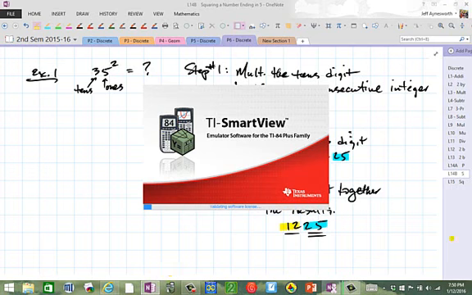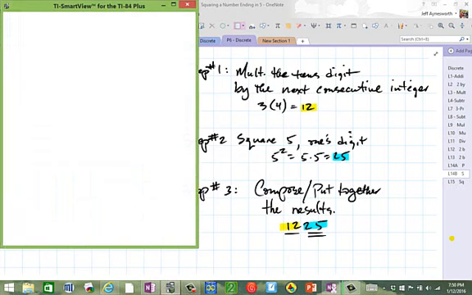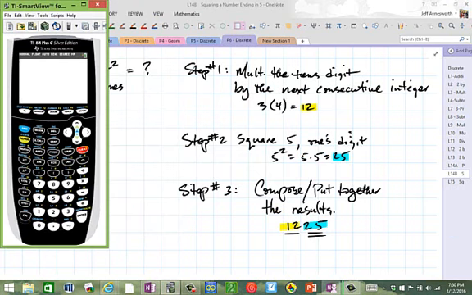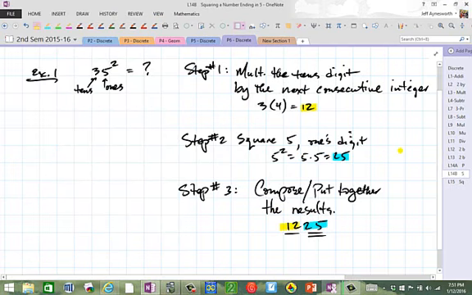So I'm starting up my TI-84 here. It doesn't matter what calculator, whether you have a basic one or a TI-84. Take 35, hit the X squared button, and then enter. Or you can take 35 times 35 and do it the old-fashioned way. You'll get 1225.